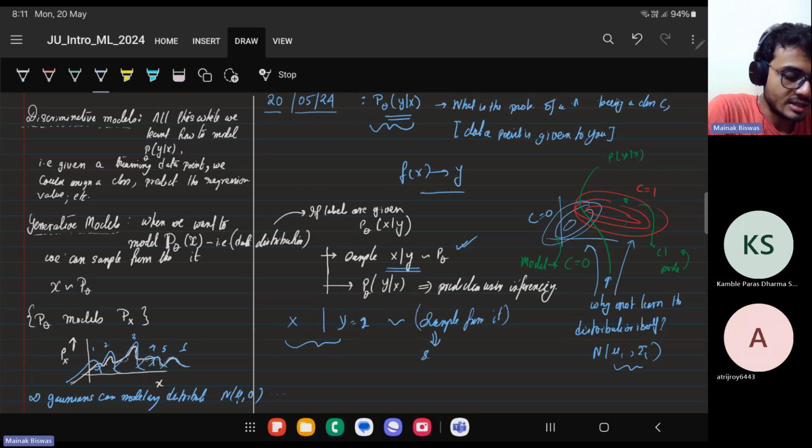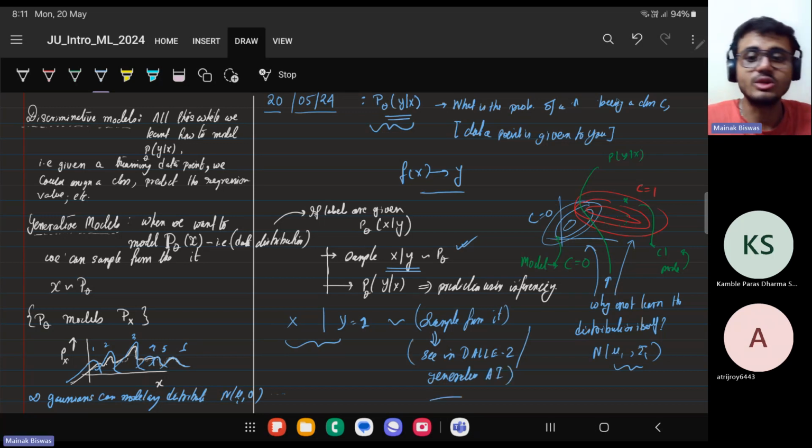That's what we see in DALL-E 2 or any generative AI that we see around the internet today. Once we know the distribution, we can just sample from it. That will be the output. If we know the distribution of faces, we could sample faces from it. If we know the distribution of text messages or Shakespearean English, we could sample from that, right?